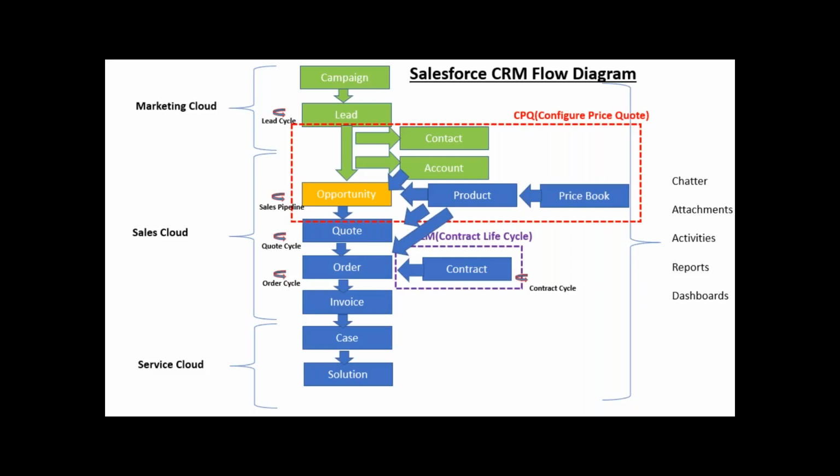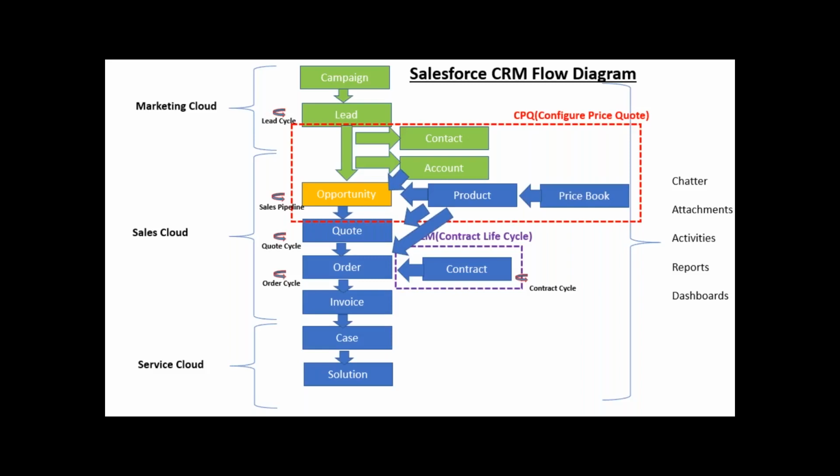Fifth, order. Sixth one is contract, agreement, contract. And the seventh one is called invoice. These are the 7 elements of Sales Cloud. In Salesforce, Sales Cloud consists of 7 elements.